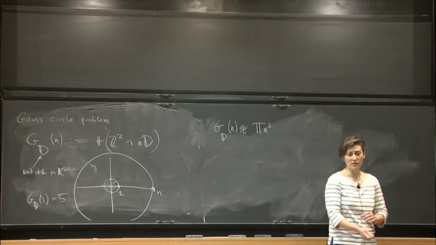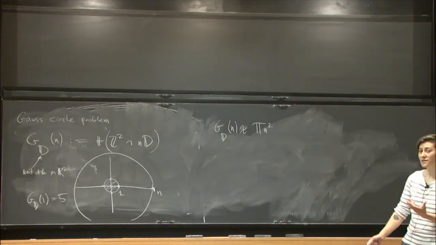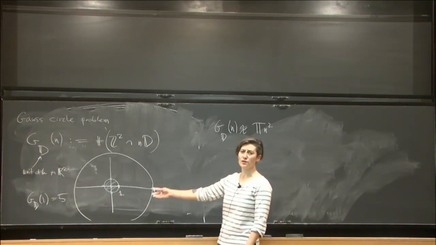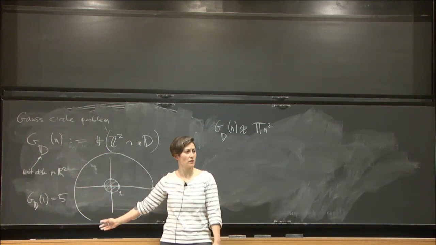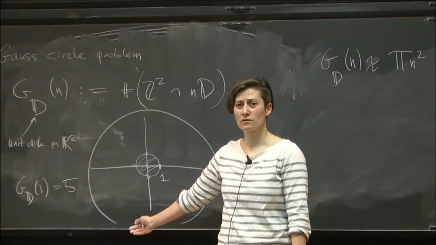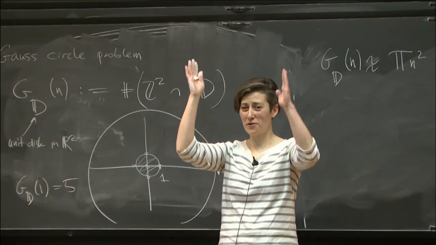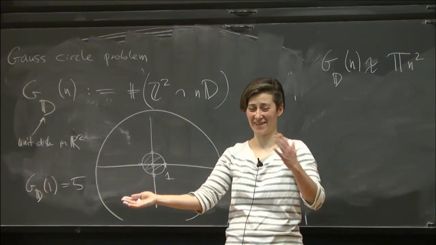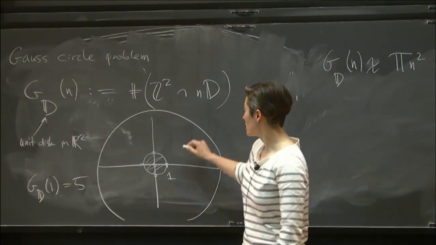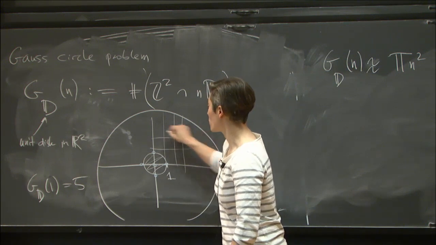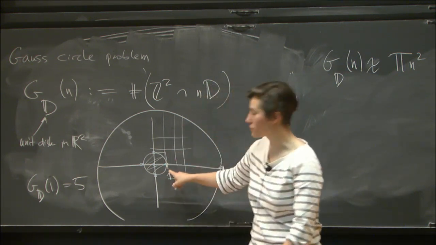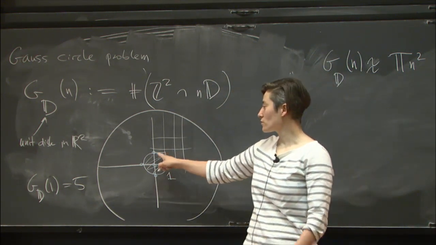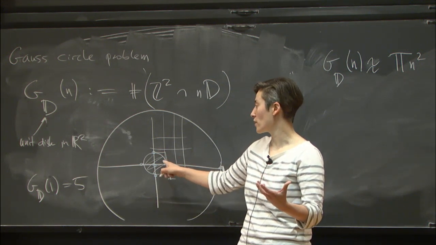OK, and why pi n squared? Because it's like the area. Why should the number of lattice points be proportional to the area of the disk? Does that seem reasonable? Yeah, right, because if you think about the grid of lattice points, then there's roughly 1 lattice point per square.